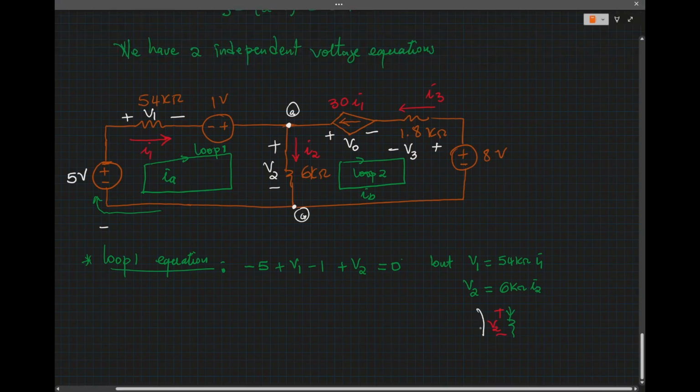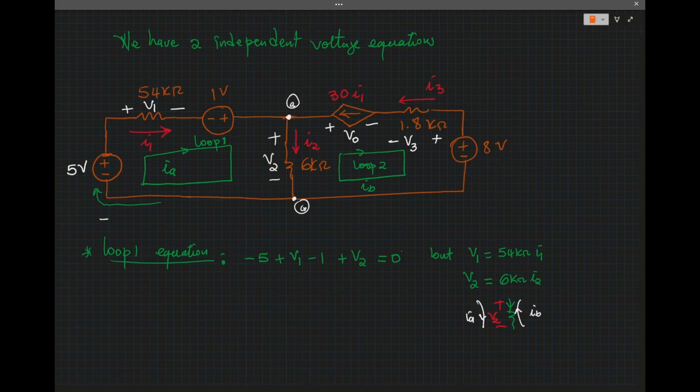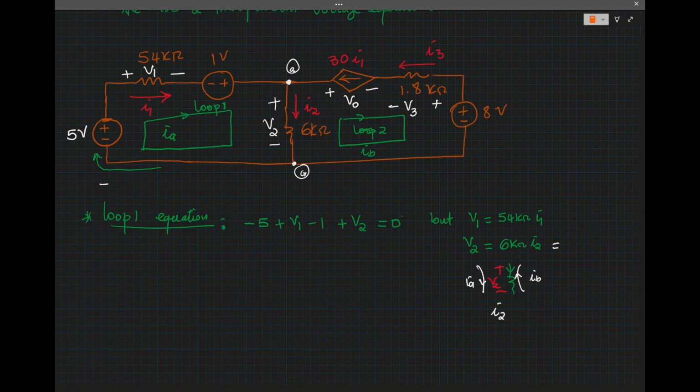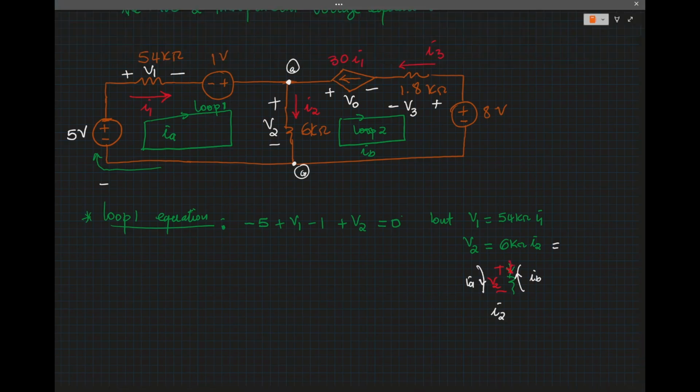The current IA is flowing downward, and the current IB for this loop equation is flowing upward. So when I use the passive sign convention, I2, which is this current, equals IA minus IB.